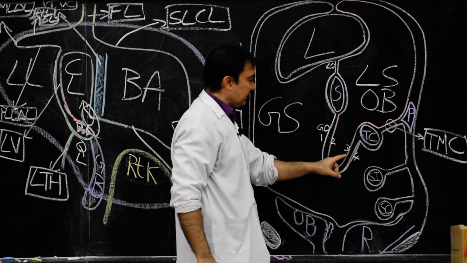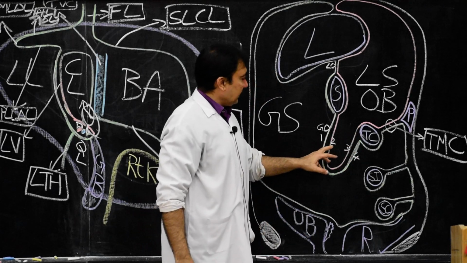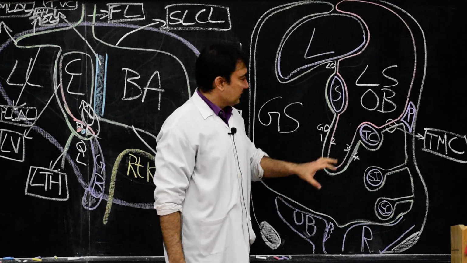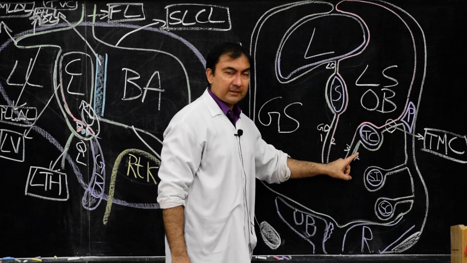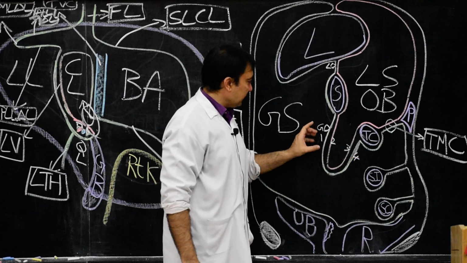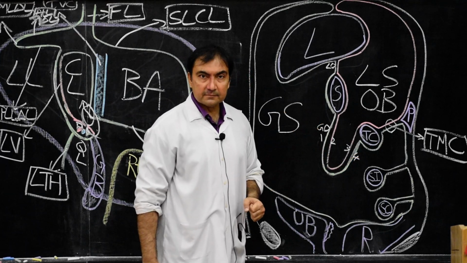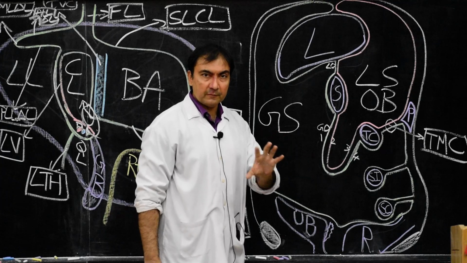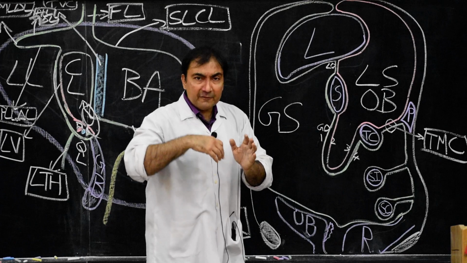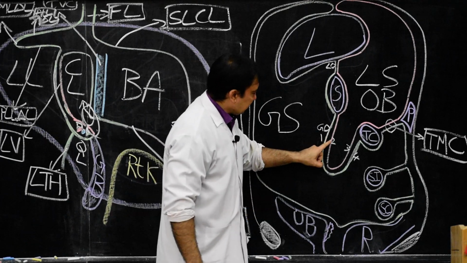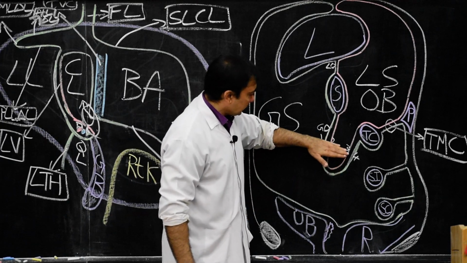So, the second and third layer of greater omentum are derived from lesser sac, whereas the first and the fourth layer of greater omentum are derived from greater sac. This is also many times asked in MCQ or 1 mark question answer. Now, after puberty, the second and third layer will fuse from the caudal part.